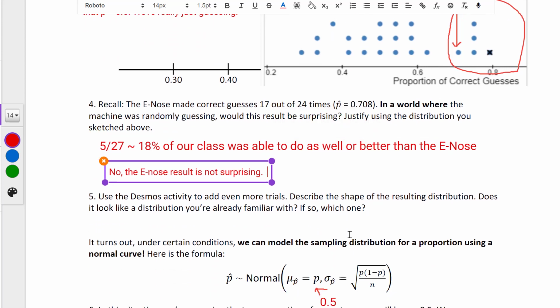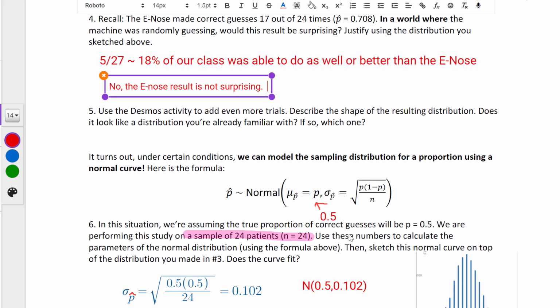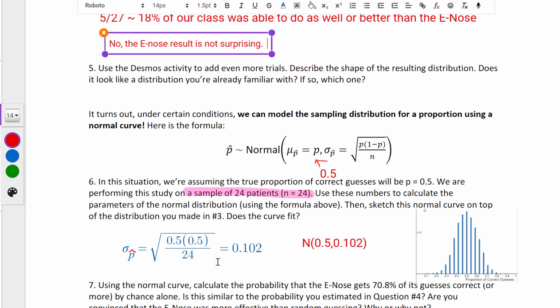Now, if you actually go in and put in the values, you'll find the sigma, the standard deviation for the sampling distribution, and this is the formula that we're creating for our model. We know our proportion is 0.5. Don't use what the sample is. This is p, the true proportion, and that should be the mean for our sampling distribution if this is true.